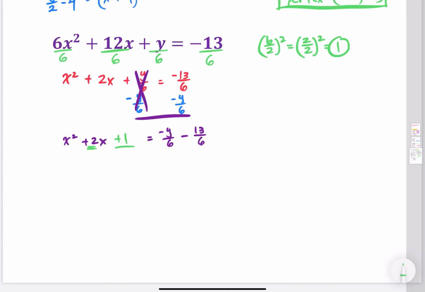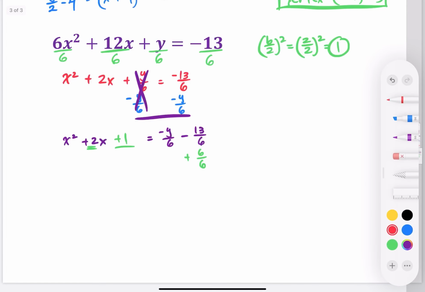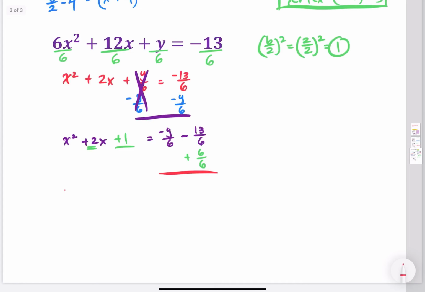Now, when I add 1 on both sides over here, I'm going to add 6 over 6, because 6 over 6 is still 1, and I want that common denominator, and that way I could add the 2 together. So now, what we have here is my perfect square trinomial on the left, so x squared plus 2x plus 1, and then on the right, I have my negative y over 6 minus 7 over 6.